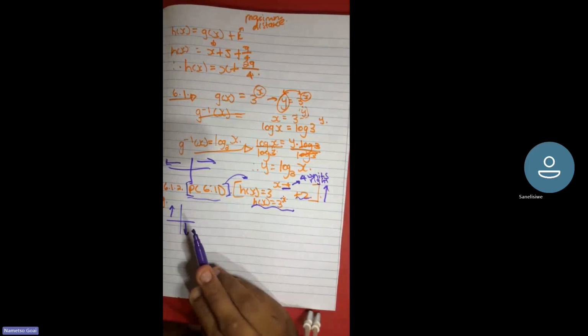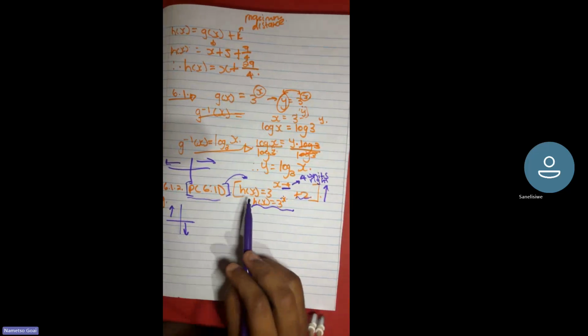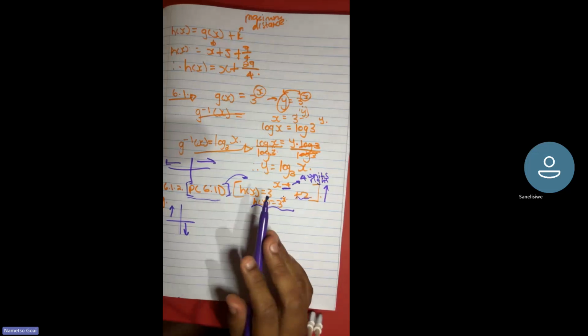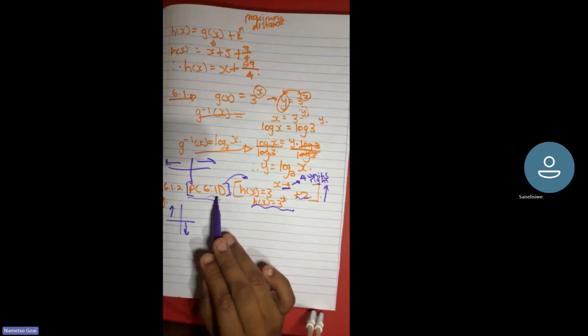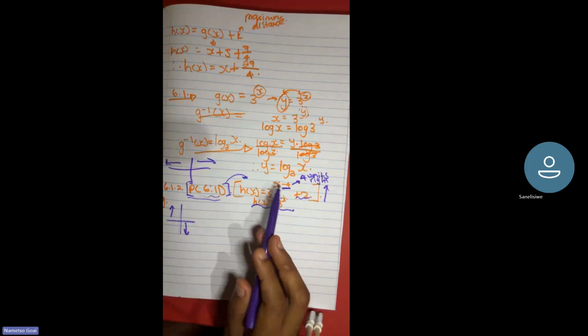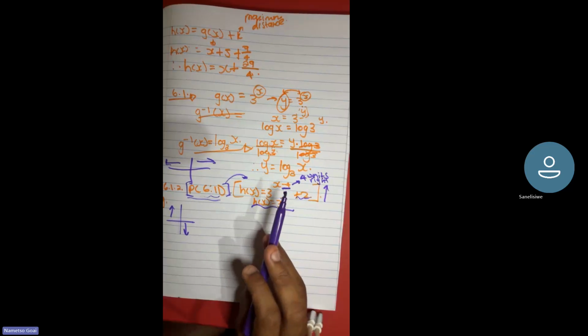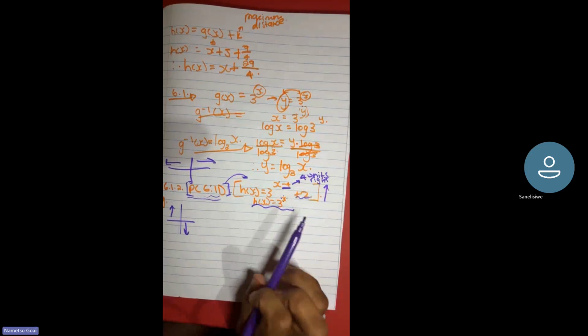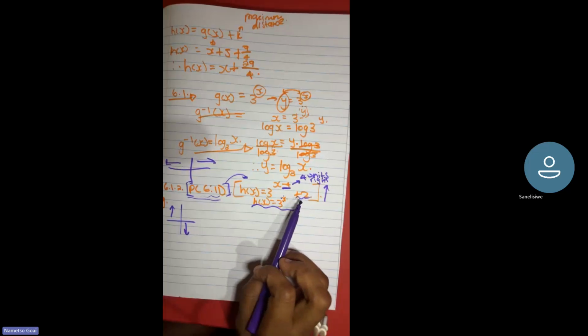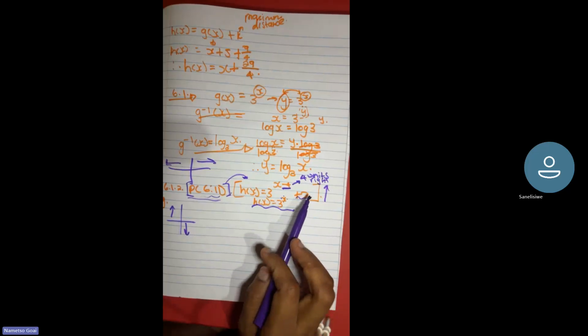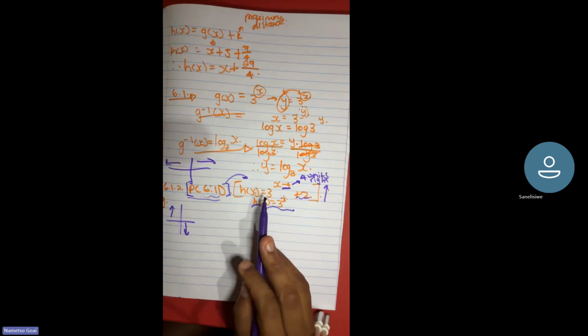Okay, so fine. Now we have to explain how it being translated is going to have an effect on this. Remember, we said it was shifted 4 units to the right, and it has been shifted 2 units up.